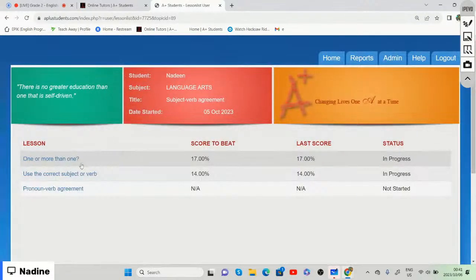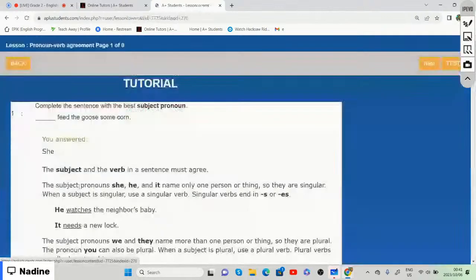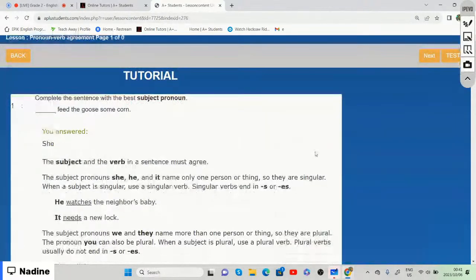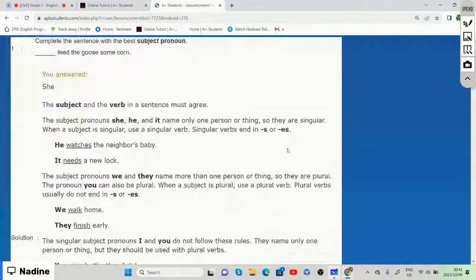So now we're going into pronoun verb agreement. This is now our last lesson. Pronoun verb agreement. And remember we said that the subject and the verb need to agree.